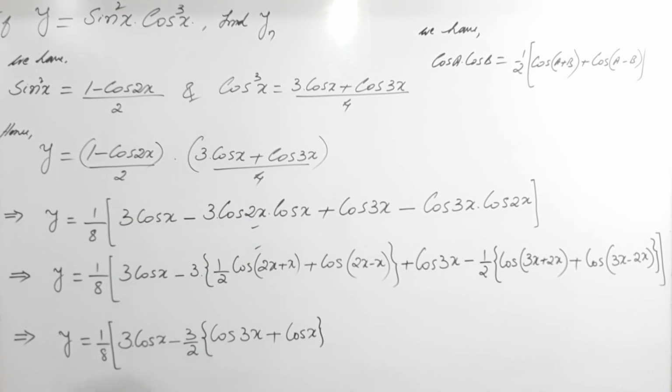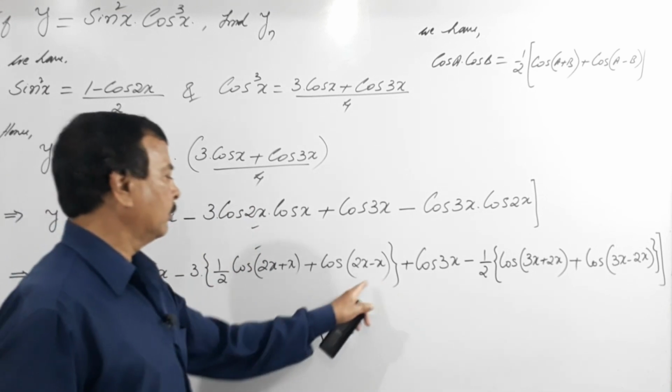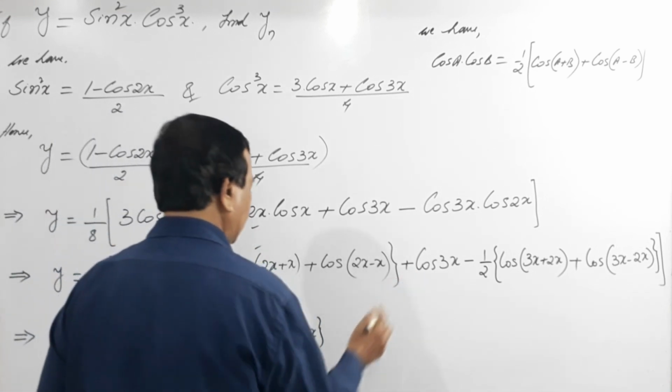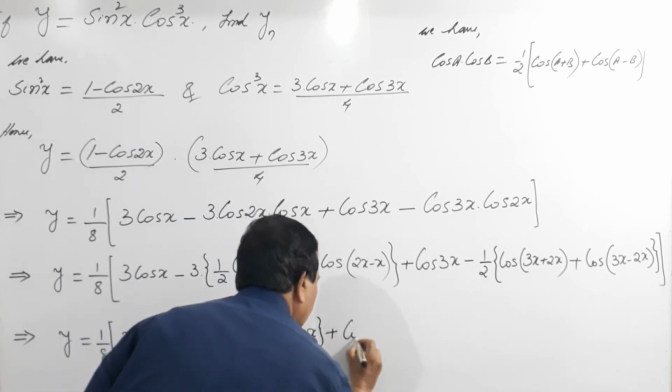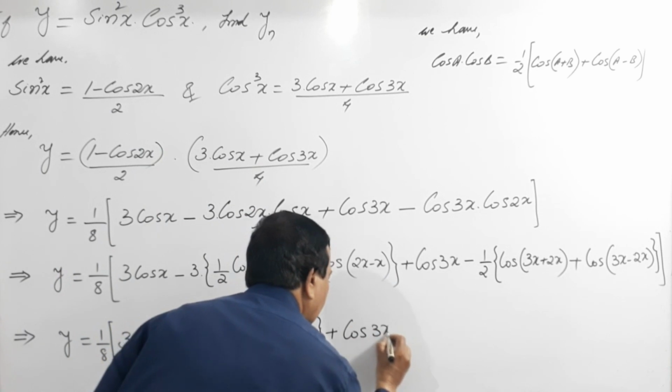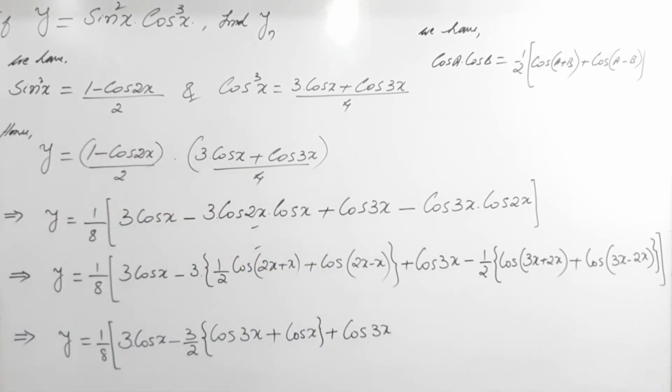Done. Now this part is over. Now plus cos 3x. We got this.